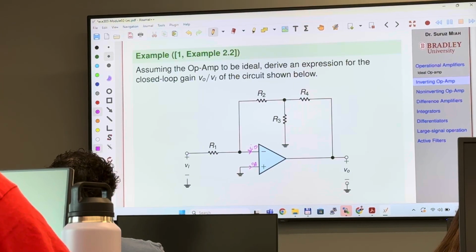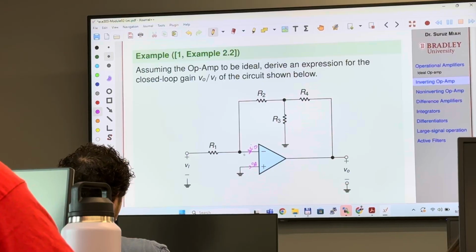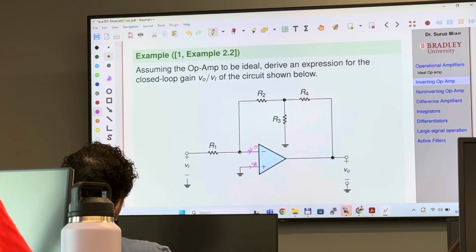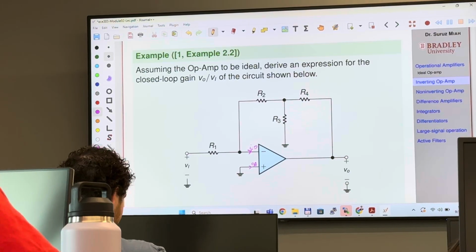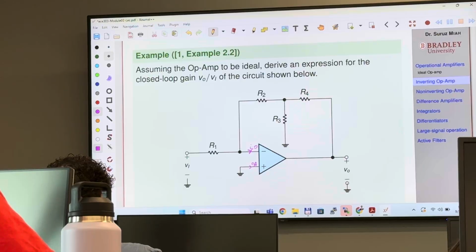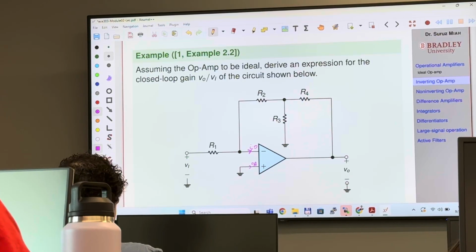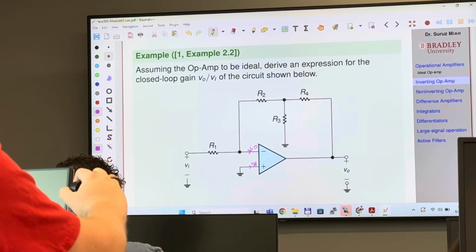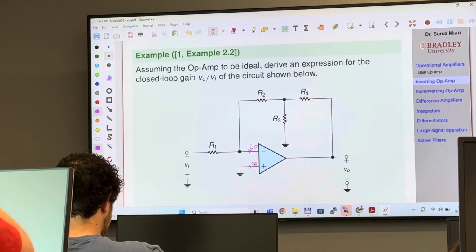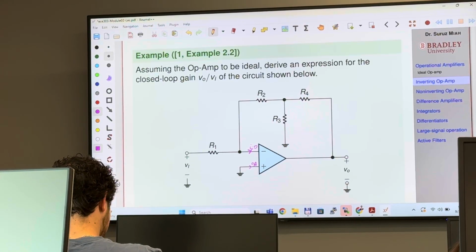Because this op-amp is ideal, immediately you know the impedance between these two terminals. You guys know what impedance is, right? By now, a quiz. Actually, you saw this in EC 214, AC circuits. What is the unit of impedance? Ohms. What is the unit of resistance? Ohms.